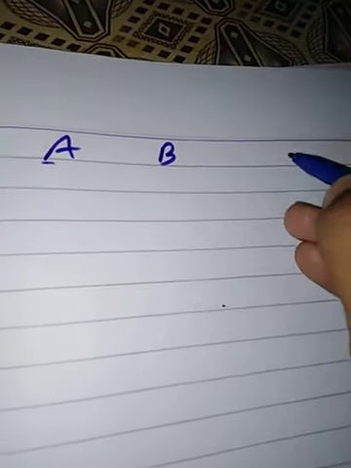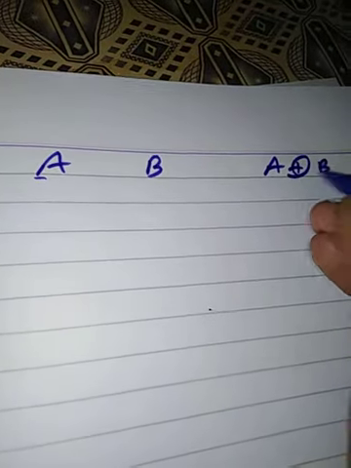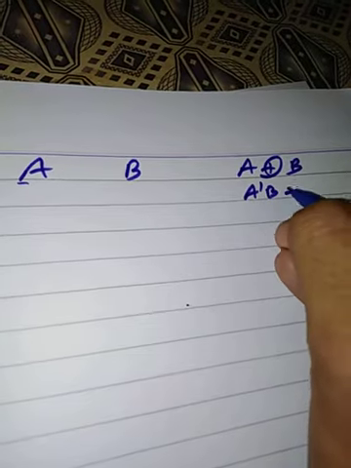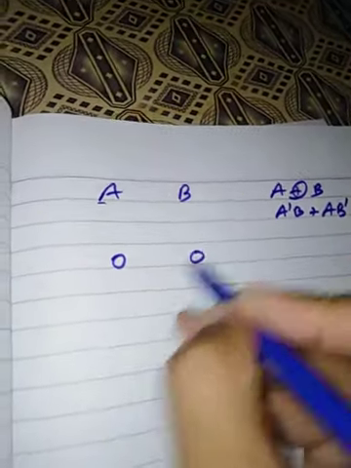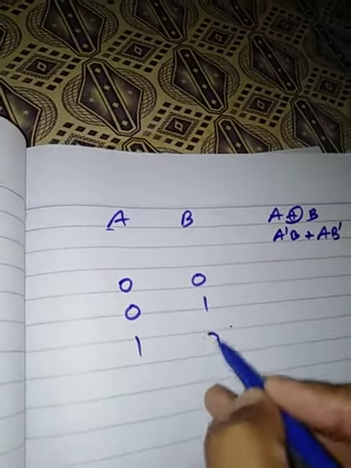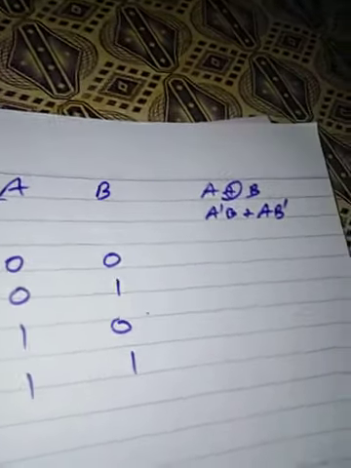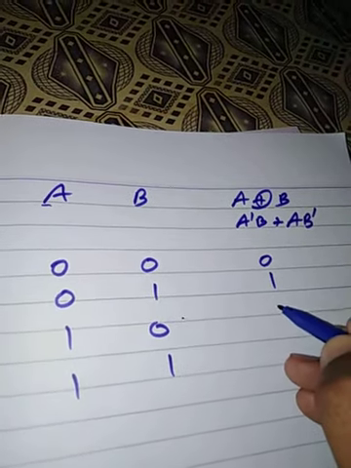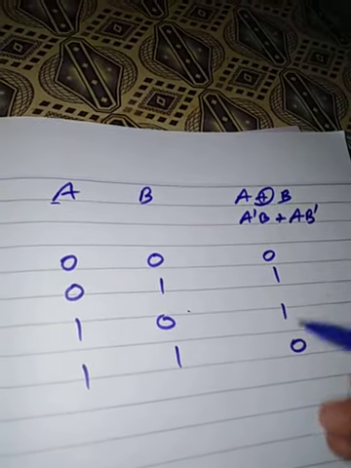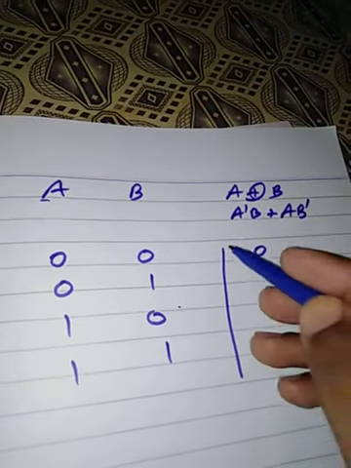If I use the truth table of exclusive OR, A and B are inputs and this is its symbol. Both inputs are 0 0, 0 1, 1 0, 1 1, and exclusive OR gives me 0 for same and 1 for different inputs. It means when the inputs are the same, its output is 0.